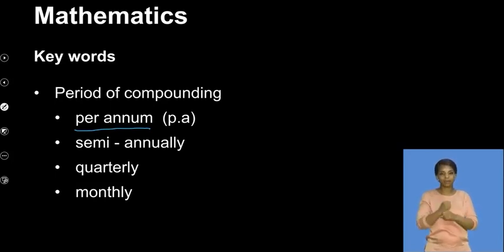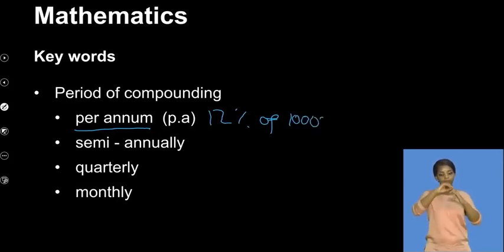This means you get interest every year. So if you have 10,000 and you are saving that 10,000 for 10 years, and they're giving you 12% per annum, it means you are getting 12% of the 10,000 at the end of every year, right?